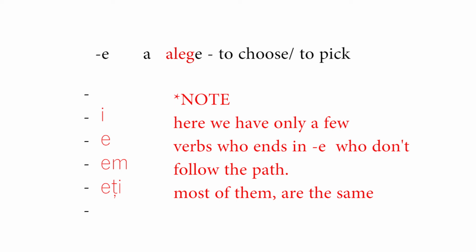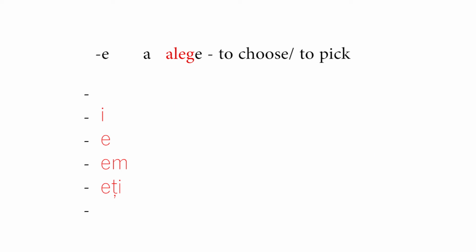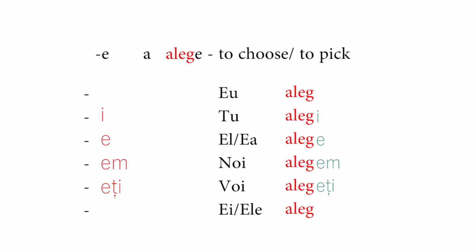Now you see on this path, on the first person singular and the third person plural, we have nothing. So here we only use the root of the verb, and we don't add anything to it. We're going to use a alege, which is to pick. So it goes like this: eu aleg, tu alegi, el, ea alege.